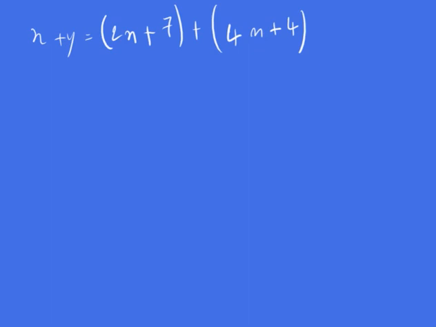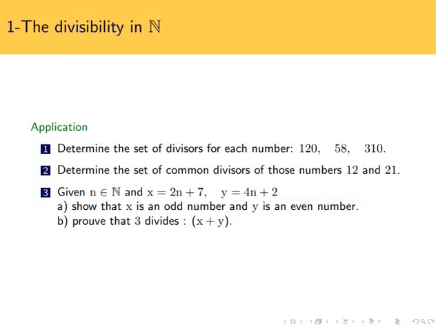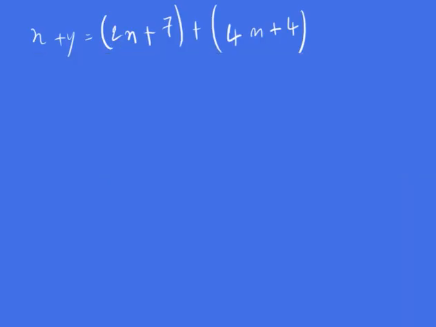So x plus y equals, we have x equals 2 times n plus 7, plus y, which equals 4 times n plus 2. That's right: 2n plus 7 plus 4n plus 2.